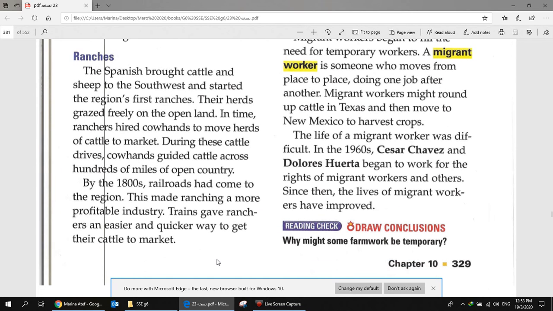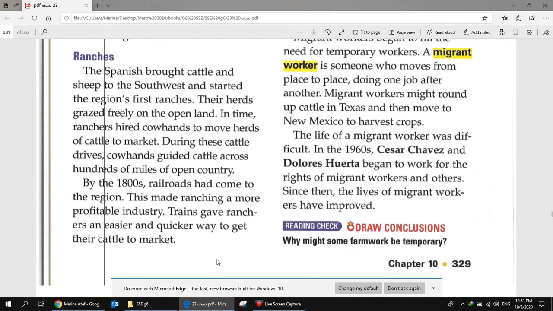Okay. In the 1960s, Cesar Chavez and Dolores Huerta began to work for the rights of migrant workers and others. These 2 people were working to get the rights, to make some laws or rules for the people who come from another country, to give them rights in their new place.